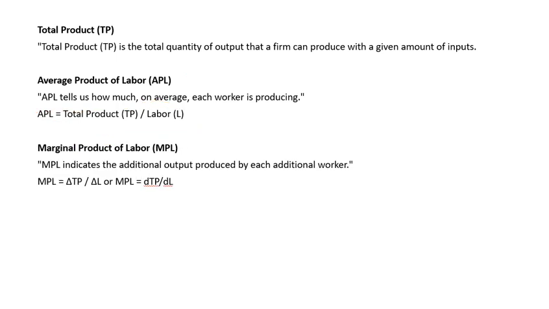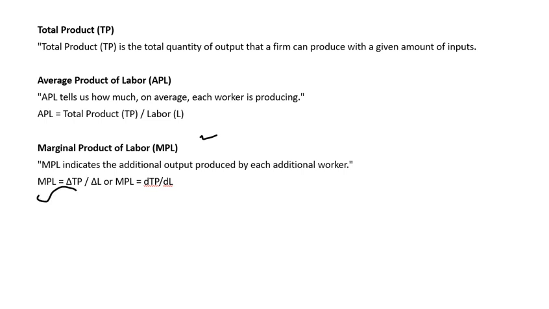Then we have the third concept, which is MPL, Marginal Product of Labor, and this MPL indicates the additional output produced by each additional worker. For example, if you add one more worker, how much additional output you will get, so that the total product will increase by this amount.